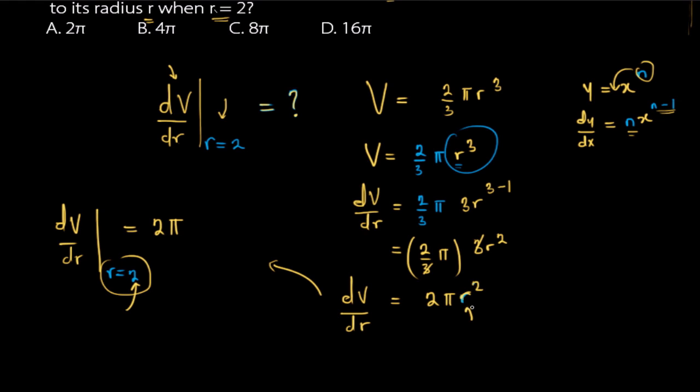So this becomes 2 pi times 2 to the power 2, and 2 to the power 2 is 4. So 2 times 4 is going to give us 8 pi. So dV/dr at r equals 2 is just 8 pi.